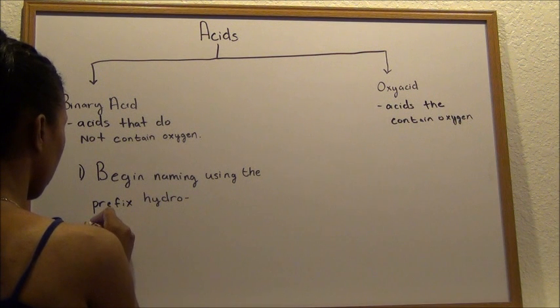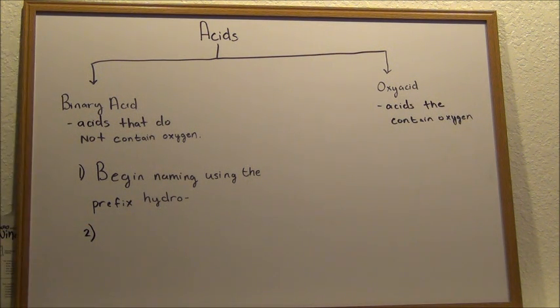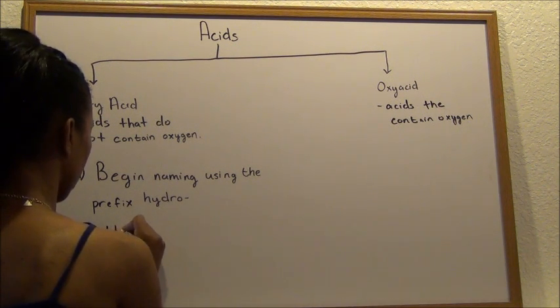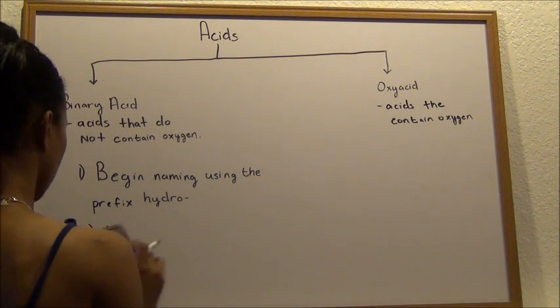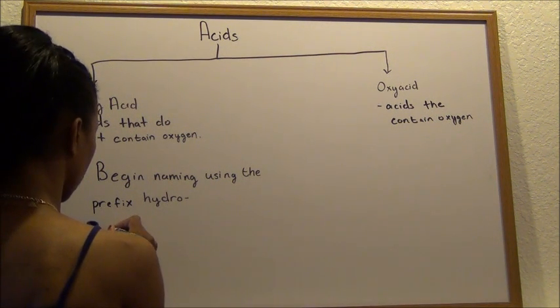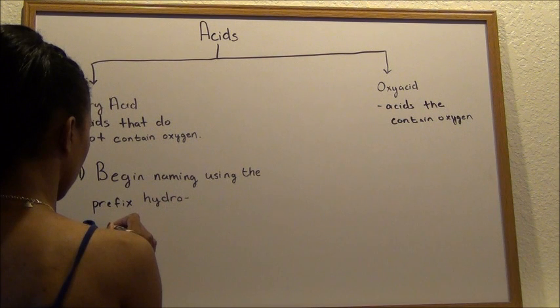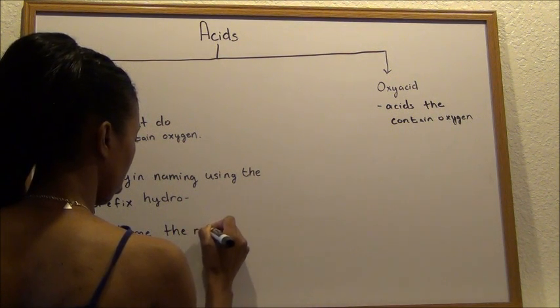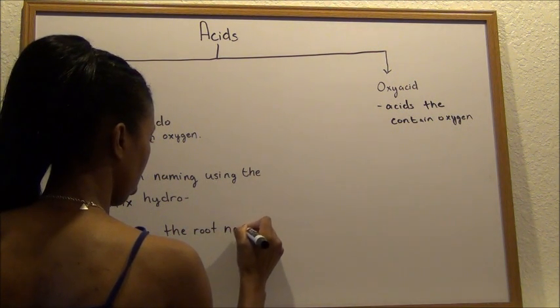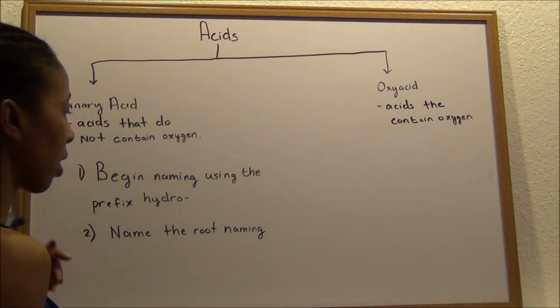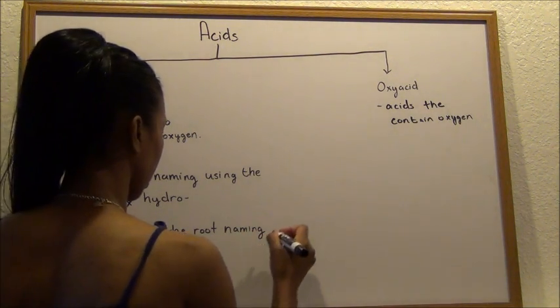The second thing you want to do is name the root name, and you're going to end that root name in ic.